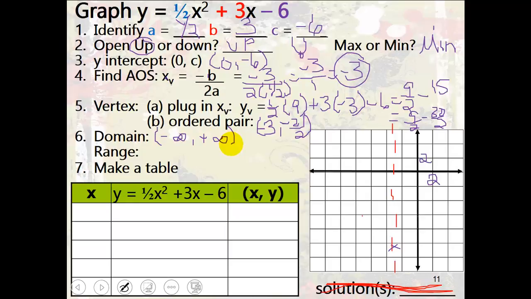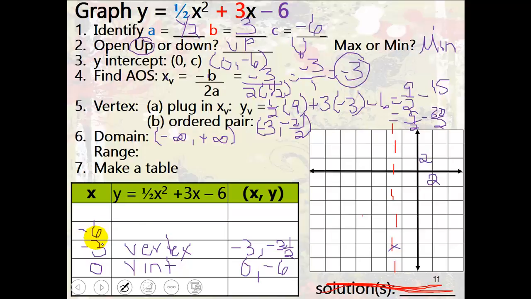My range, okay, I'm going to come back and do both those ranges. Sorry. All right, so here I'm going to plug in negative 3. That's my vertex. So I get negative 3 and negative 21 over 2, which is negative 10.5. I'm going to plug in 0. That's my y-intercept. And that's going to give me 0, negative 6. And then I'm going to plug in negative 6 because that's the same distance.